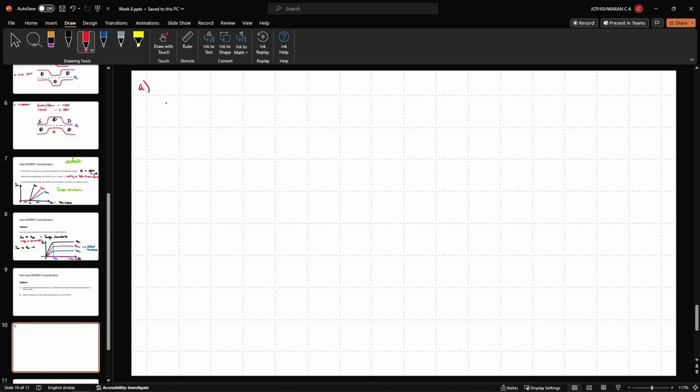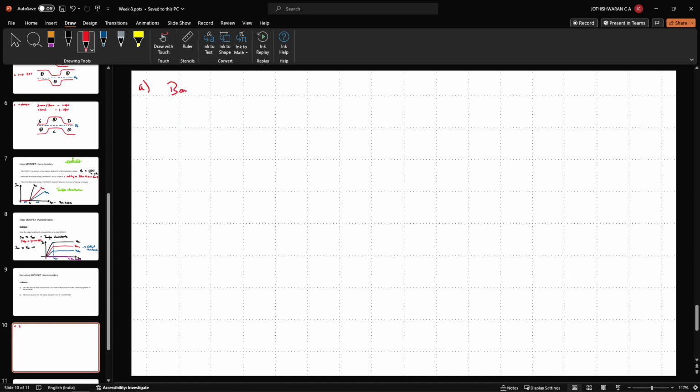Now what happens is this. When we are looking at the band diagram, let me just go to the band diagram right now, and right now I'm only drawing the conduction band.